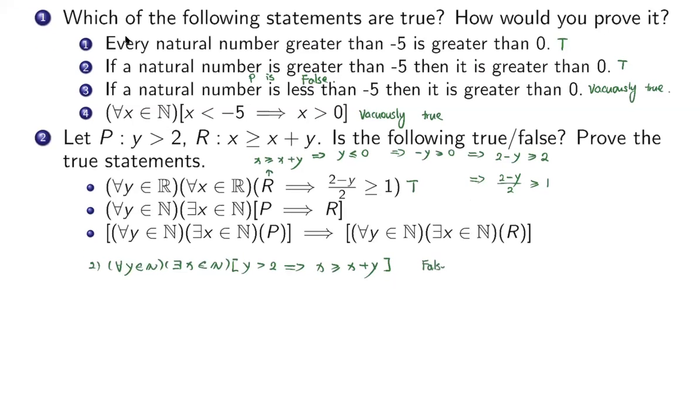You'll see that no matter which y you have, you can never find such x in natural number such that this is true. Yeah, it's false. So there does not exist such x.